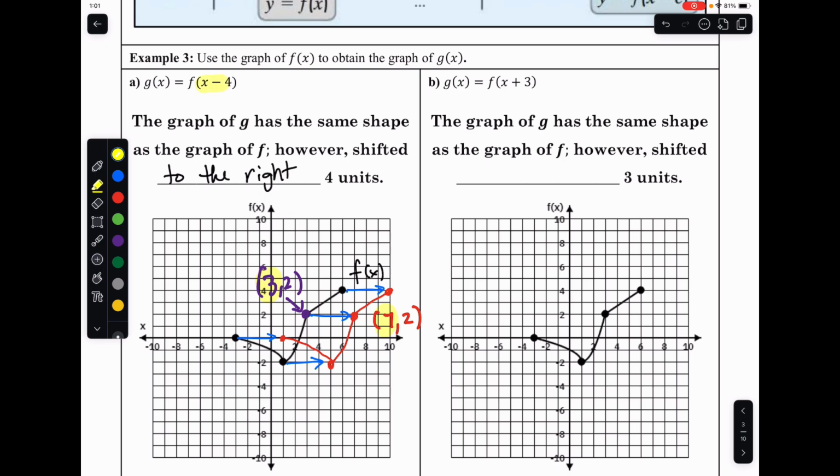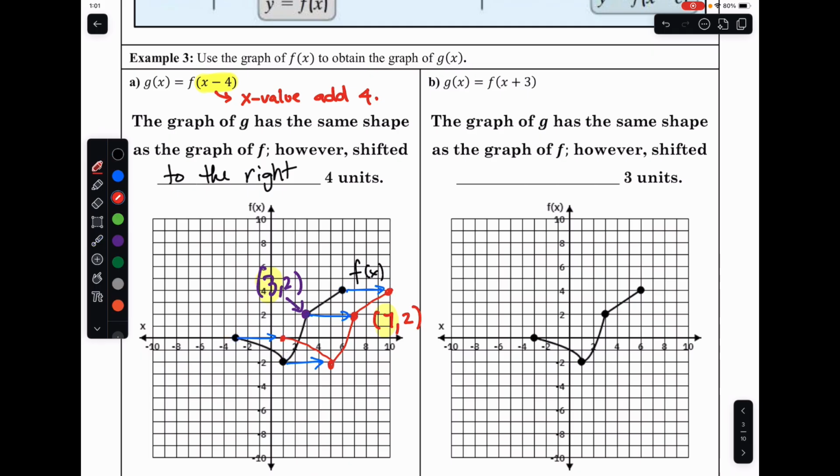That's the result of doing the opposite of this operation right here. So this notation of x minus 4, because we're moving in the opposite direction, is going to do the opposite operation to the x values. So here, this x minus 4 means that we're going to get our x value and add 4 to all of them. And if I look at all the other points that we have here and look at the x value, I'll see that all the x values are 4 units bigger right here in red.